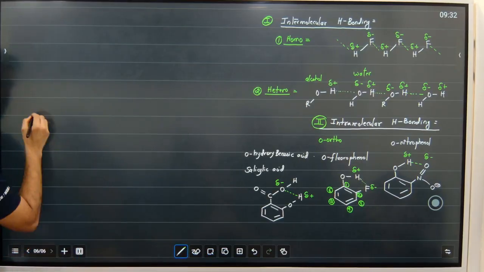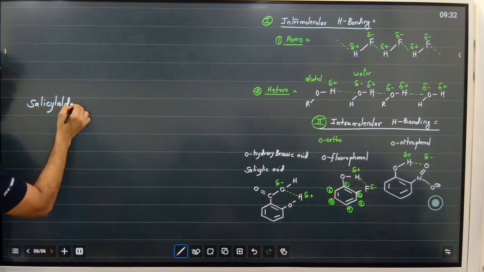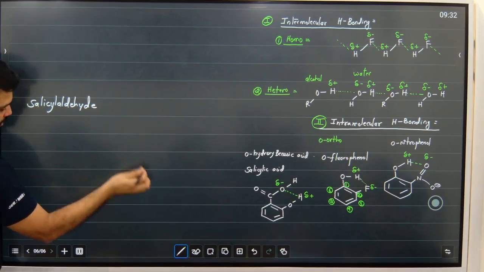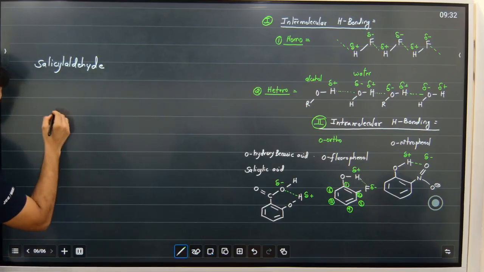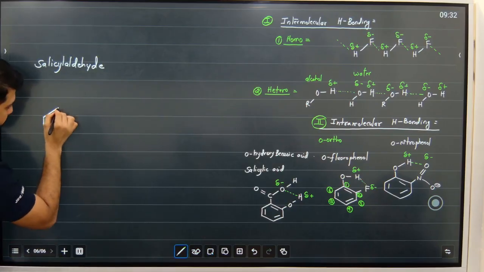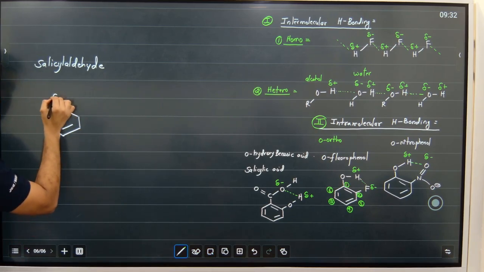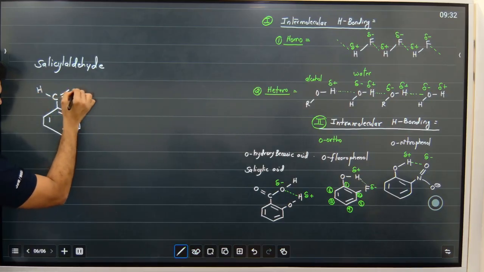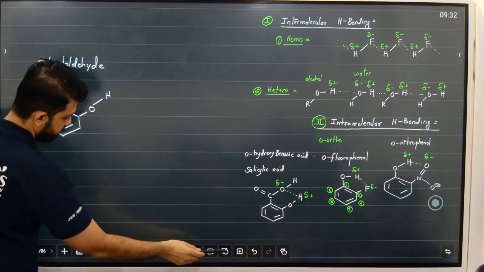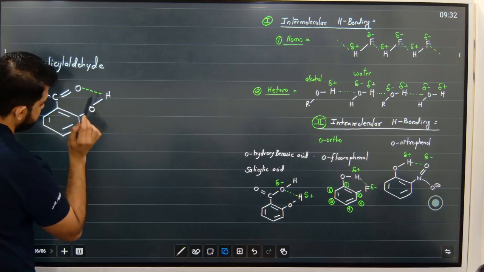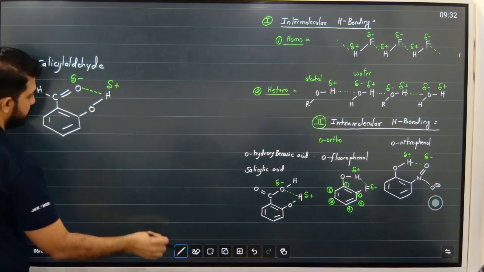The next example is salicylaldehyde. Salicylaldehyde is again derived from salicylic acid. This is the intramolecular hydrogen bond.